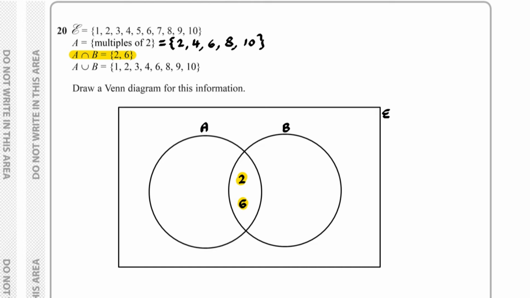Now the 2 and the 6 have already been used up, so what's left over will be the 4, the 8 and the 10 in A only.